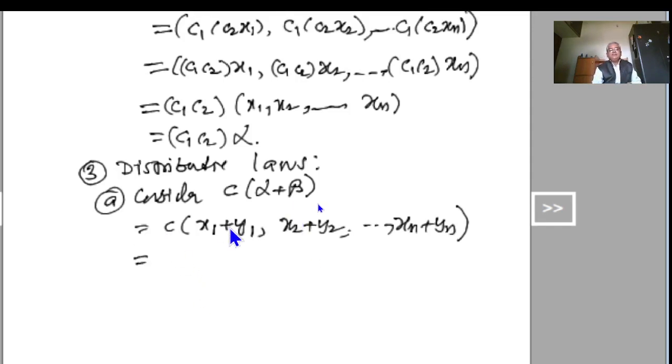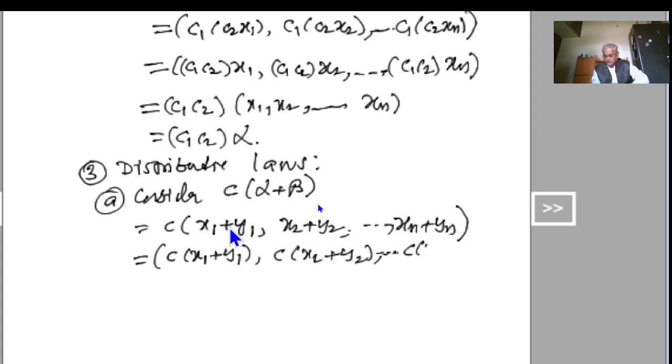This is equal to c into alpha plus beta, which we know is x1 plus y1, x2 plus y2, xn plus yn. Now again by the definition I can take c inside. So this can be written as c into x1 plus y1, c into x2 plus y2, up to c into xn plus yn.